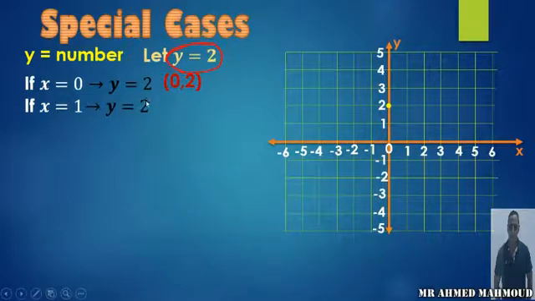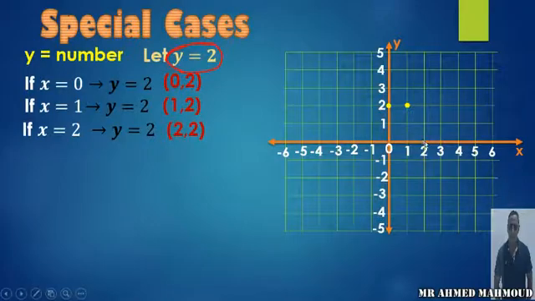So this one is a special case. It will be (1, 2), represented on the graph here in this position, as we see. And if x equals 2, then y also equals 2. It will be (2, 2), represented here in this position. Now we have 3 points, all of them on the same straight line.